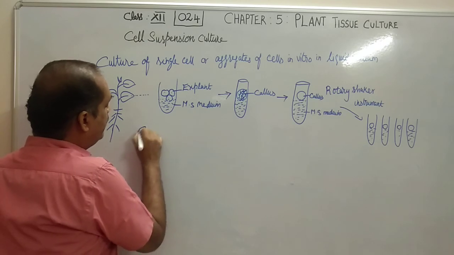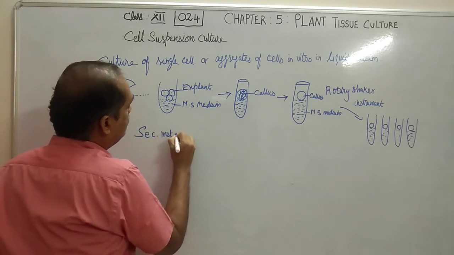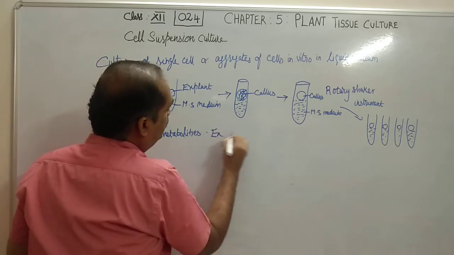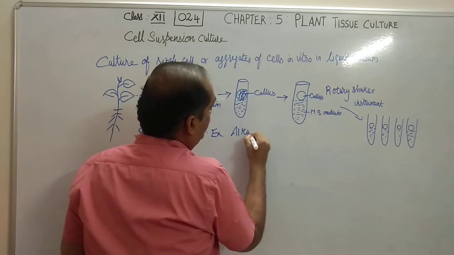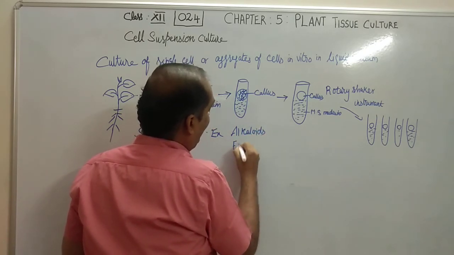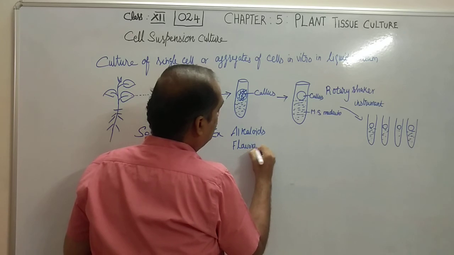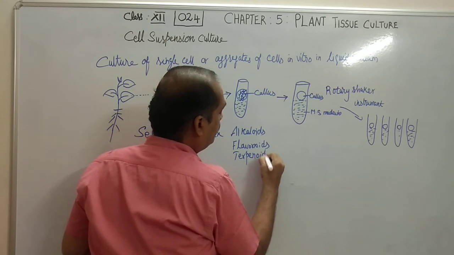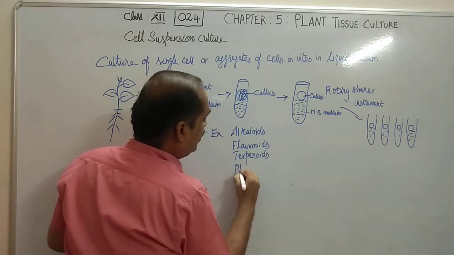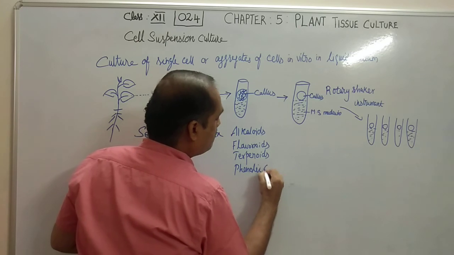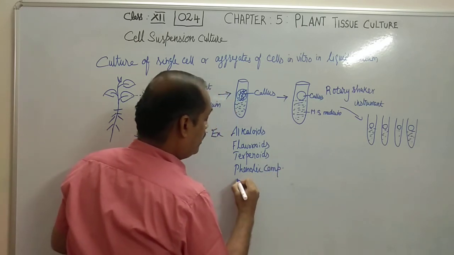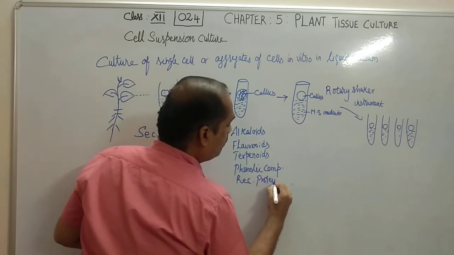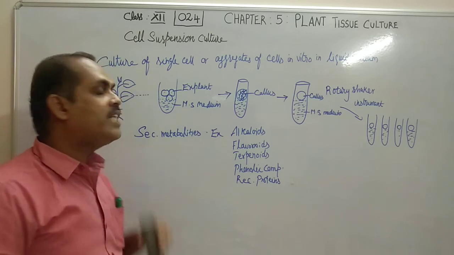The examples for secondary metabolites are alkaloids, flavonoids, terpenoids, phenolic compounds, then recombinant protein. All these are examples for secondary metabolites.